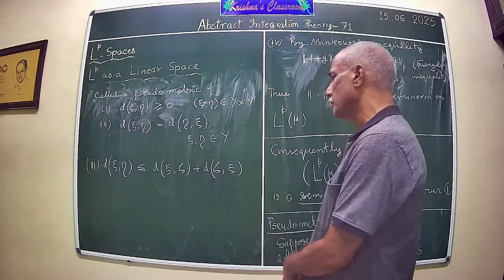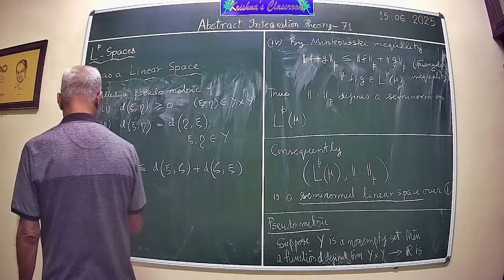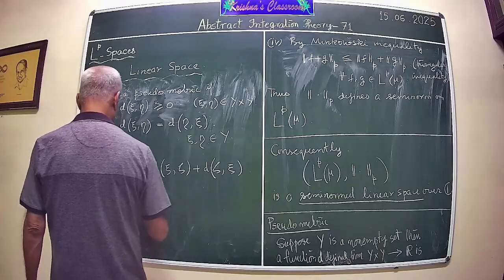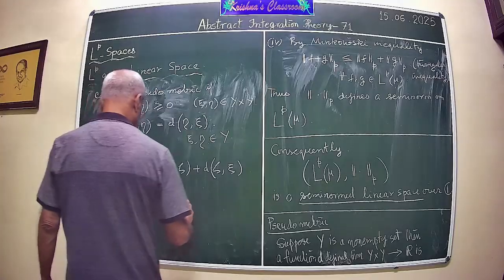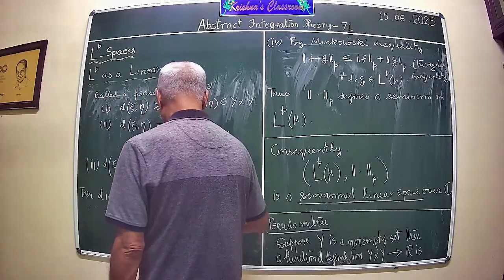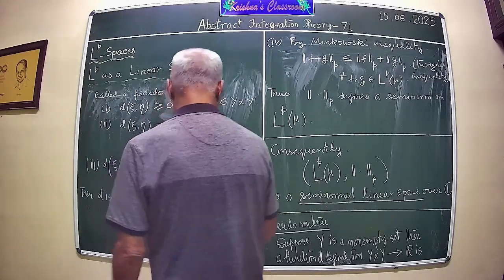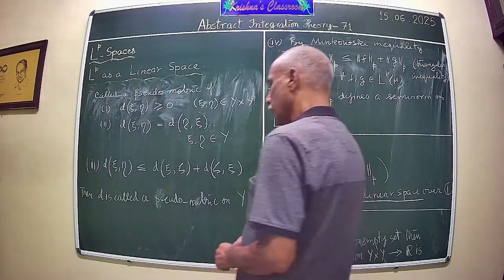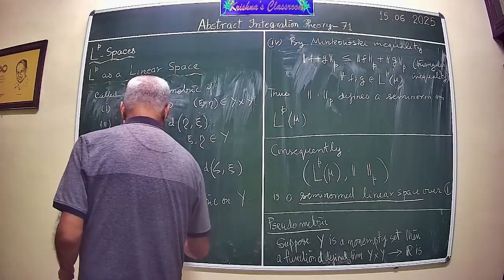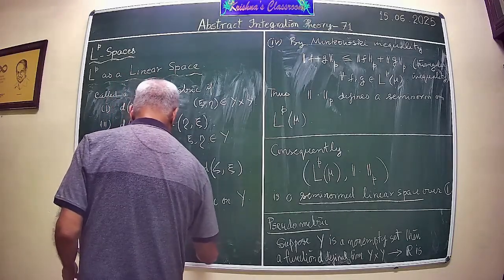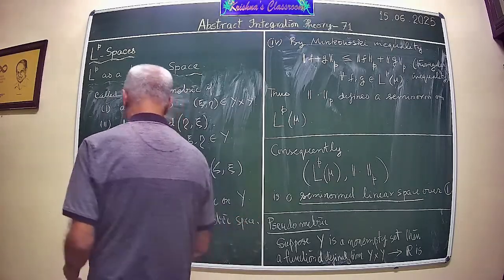Then d is called a pseudometric, or (Y, d) is a pseudometric space. That's the definition.